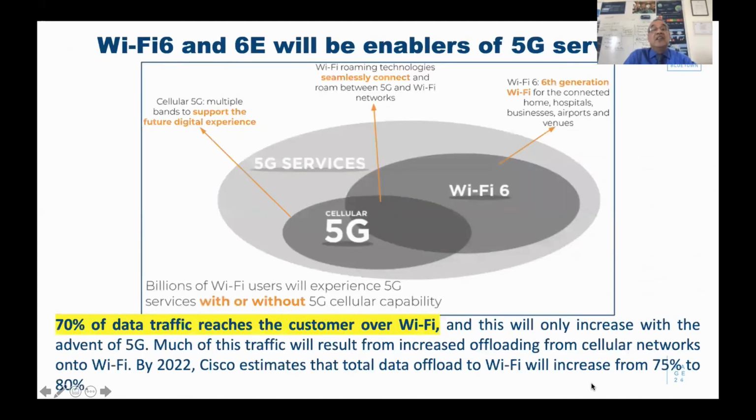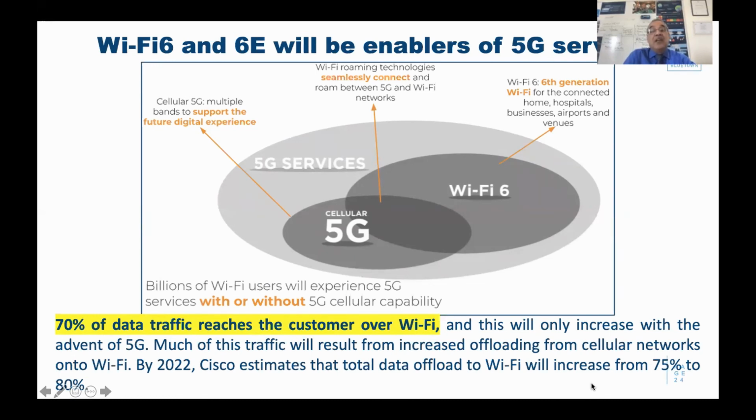So that is another thing about Wi-Fi 6 and 6E, because we are talking of 6G here. Wi-Fi 6 is the Wi-Fi standard version 6, which is working in 5 gigahertz, and 6E is the Wi-Fi standard which will be working in 6 gigahertz, which is getting unlicensed in many countries.